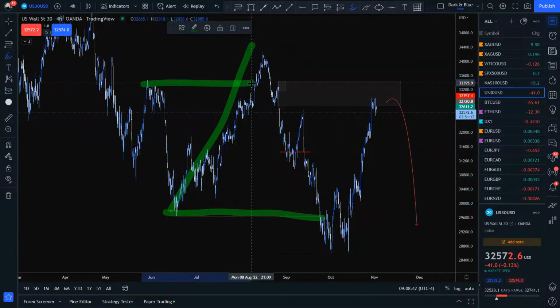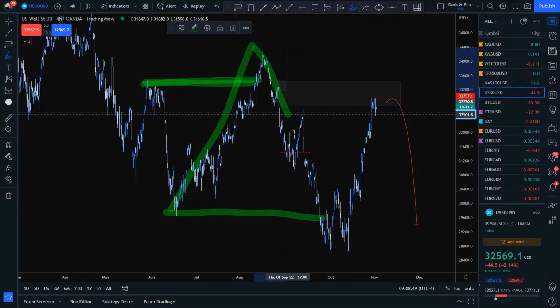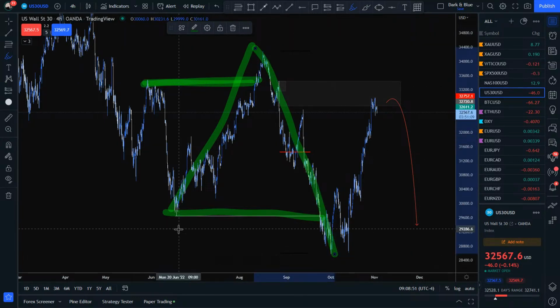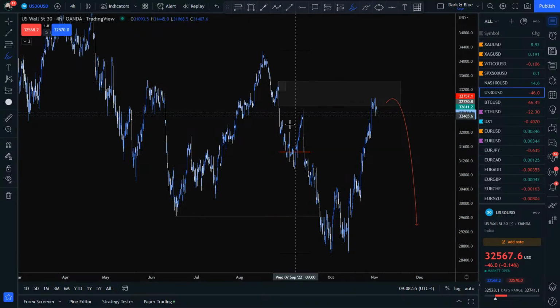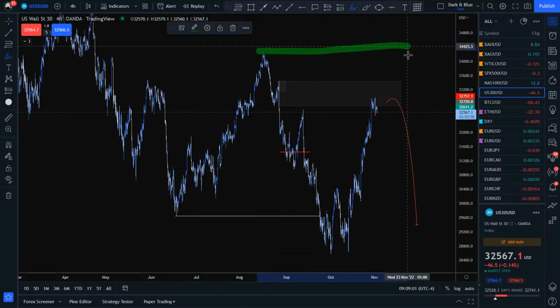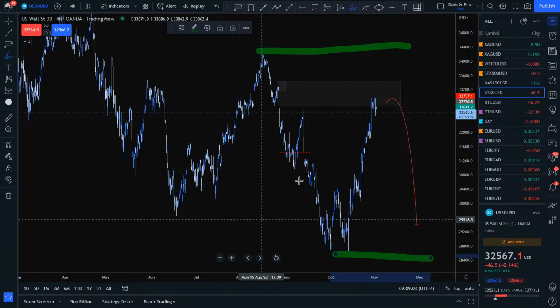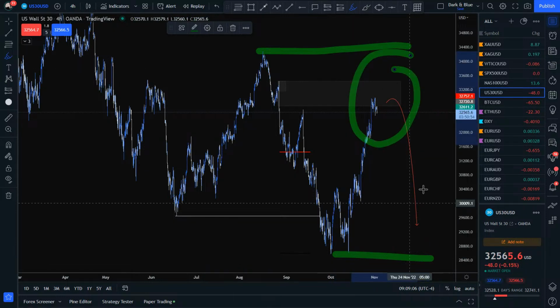We took a liquidity snipe to the upside, but then we broke structure to the downside. That tells me that we are in a bearish leg of structure, and this red mark here is the middle of this trading range, and we want to mark it like so.